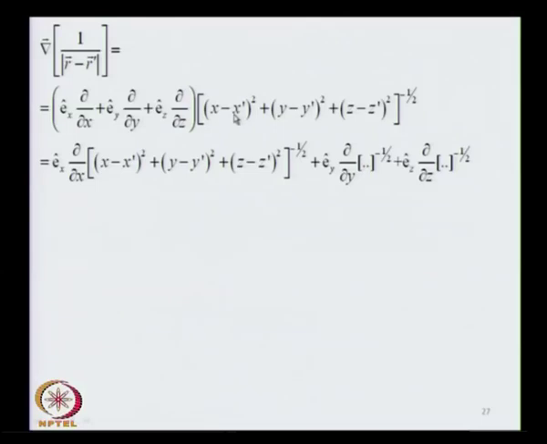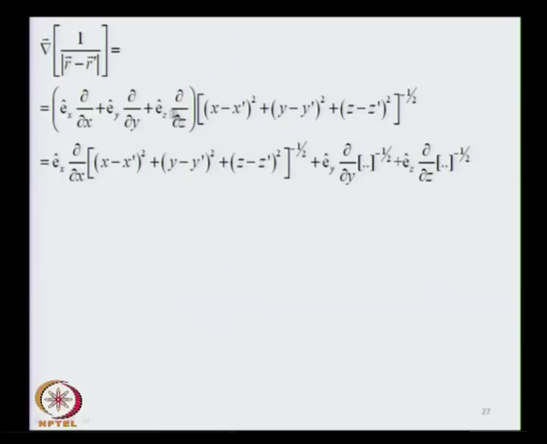So, it will be x minus x prime square plus y minus y prime square plus z minus z prime square. So, this gives you the square, and then the square root will give you the distance itself. The minus sign will put it in the denominator where we want it.